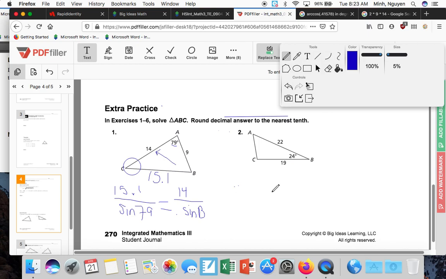So 15.1 over sine 79 equals 9 over sine C. And you're still going to use arc sine.